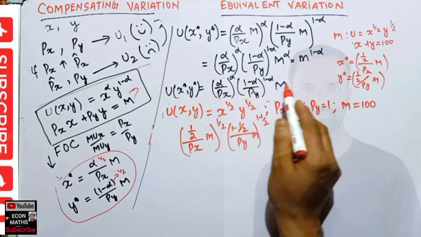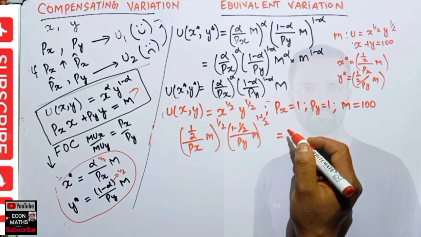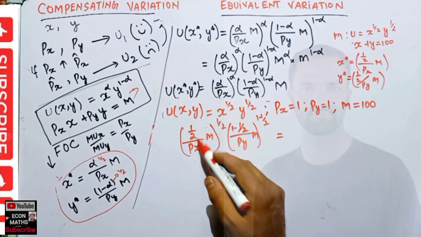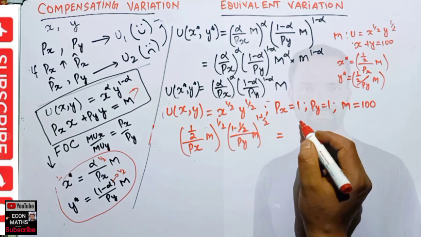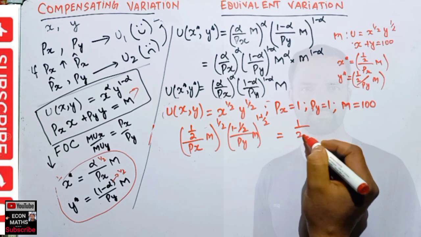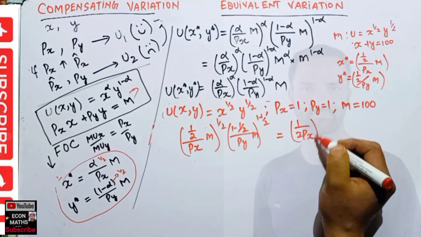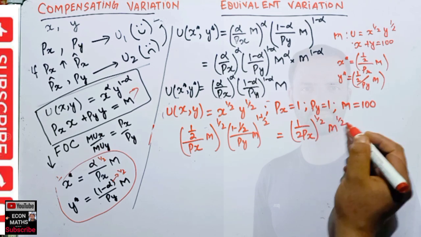So I'm just using this very thing here. When we solve this, 1 upon 2, 1 minus 1 upon 2, it will come out to be 1 upon 2 px raised to the power 1 upon 2, and we have m raised to the power 1 upon 2 in this case.